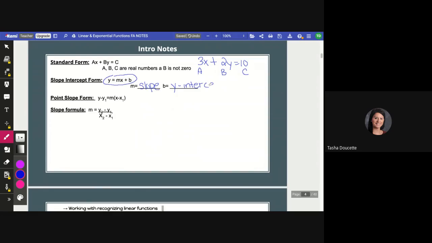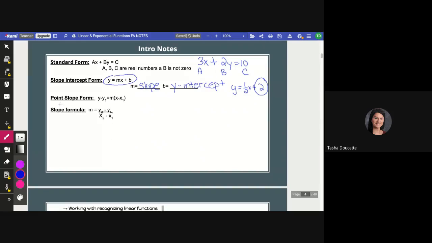We just talked about y-intercept on the previous page. So that means your b is where your line crosses the y-axis. All right, so if your equation was y equals 1/2 x plus 2, that means to graph this, you would start at 2 on your y-axis. That's where it crosses the y-axis.